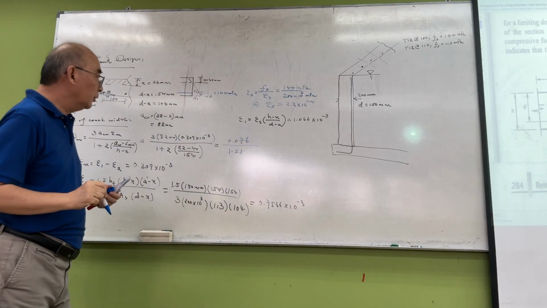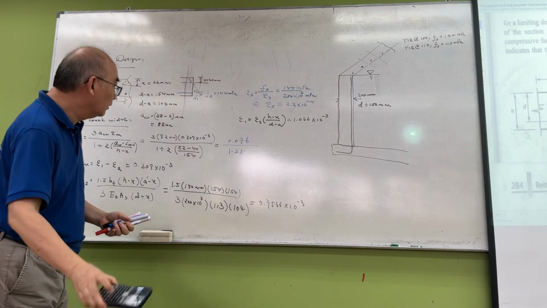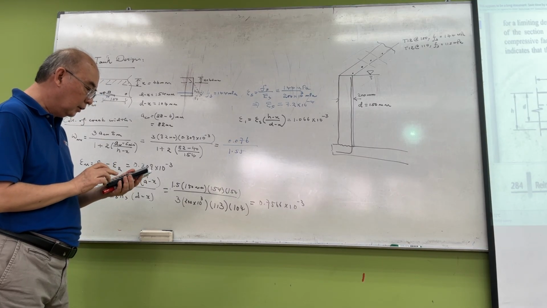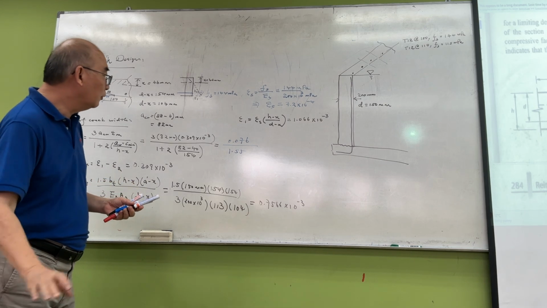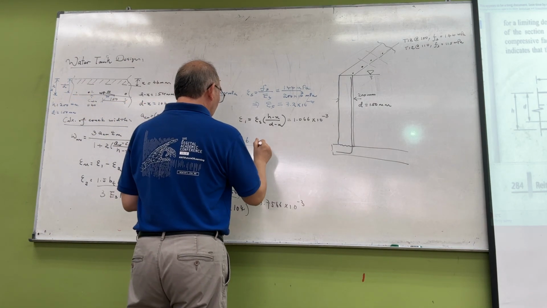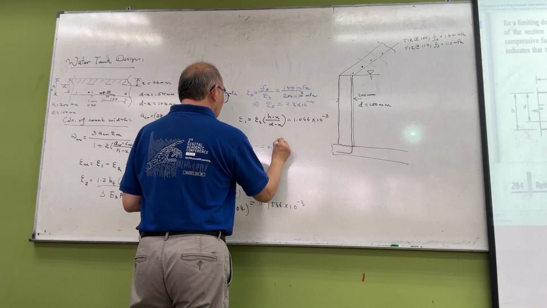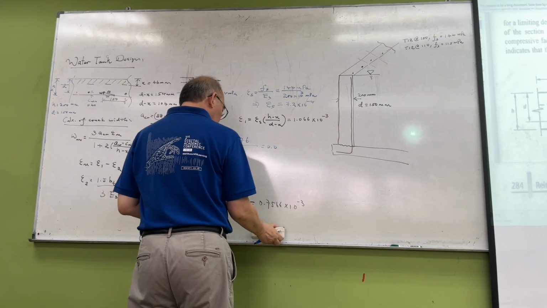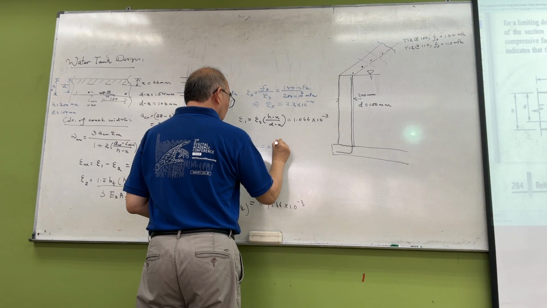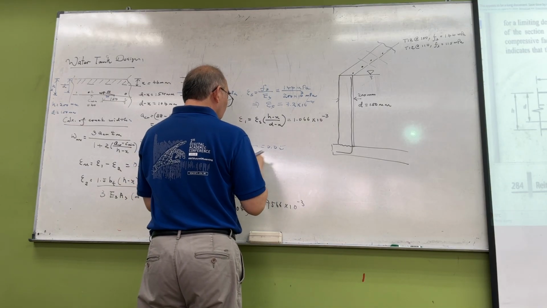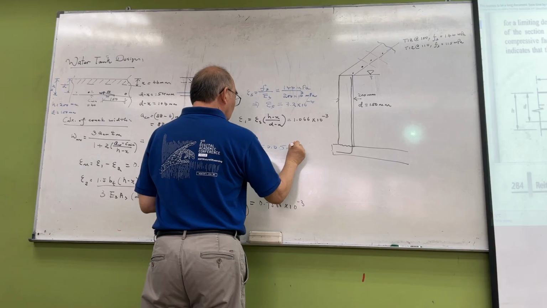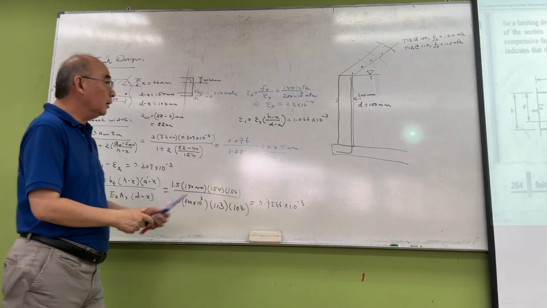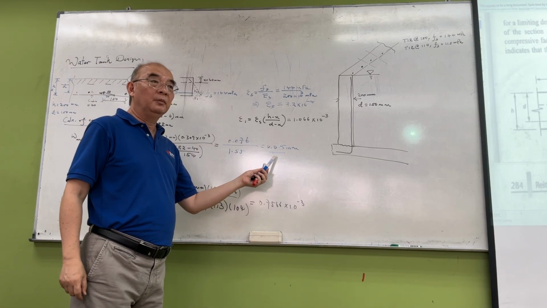Okay, 0.076 divided by 1.55 is about 0.05 millimeter. So the crack width is 0.05 millimeter, which is actually less than 0.2 millimeter.